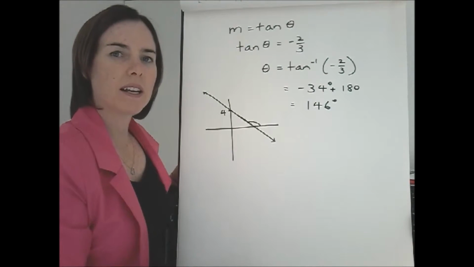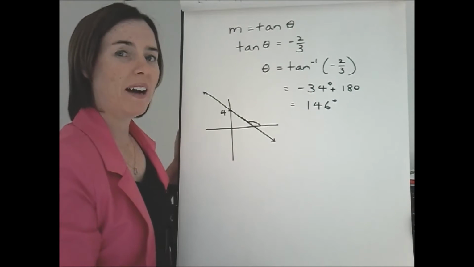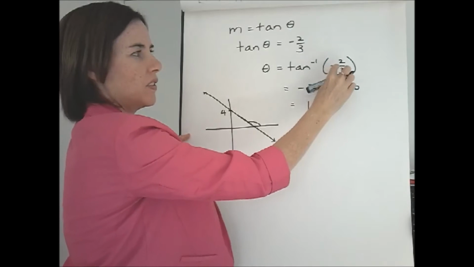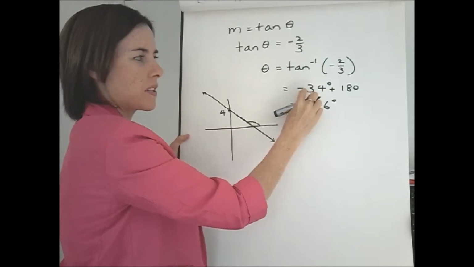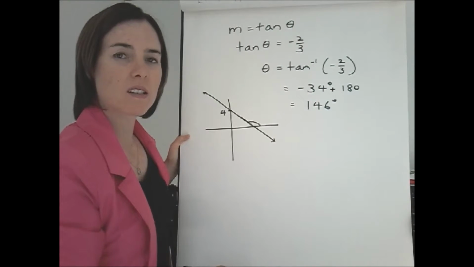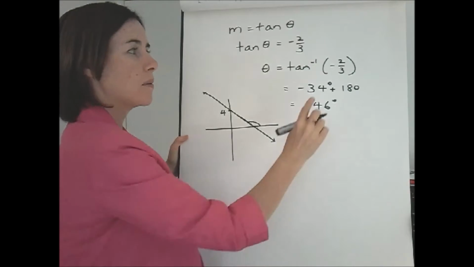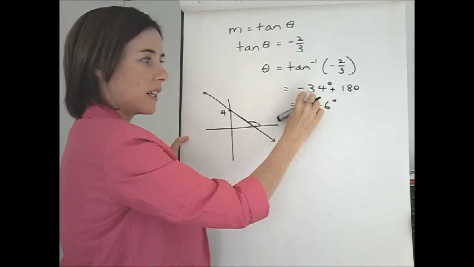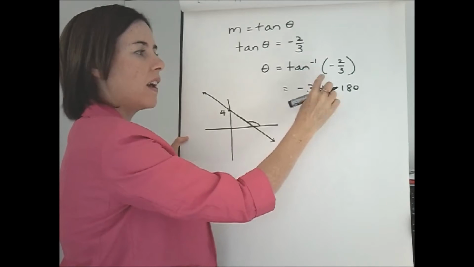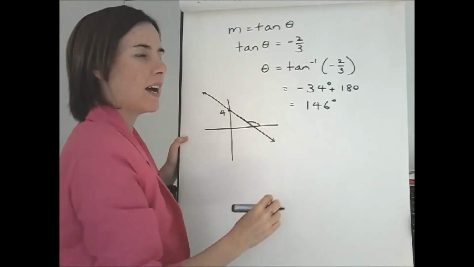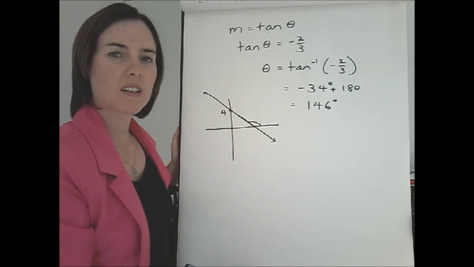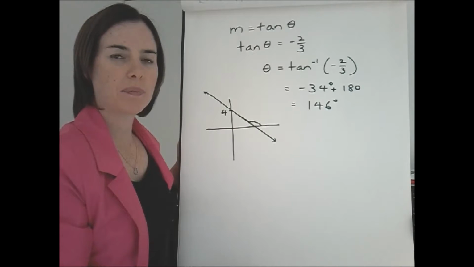And that's the required answer. If you just want to remember that: if you've got a positive gradient, you'll get a positive angle, no dramas, and it'll be acute. But if you've got a negative gradient, your calculator will give you a negative angle, and you can always add 180 to get the correct obtuse angle that's required.